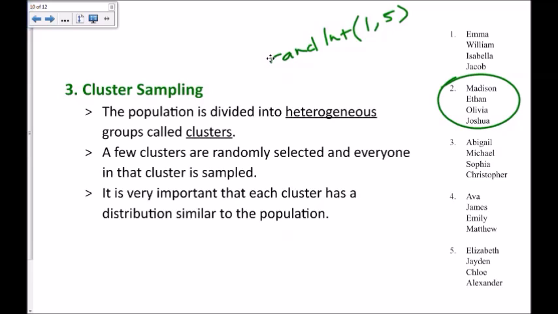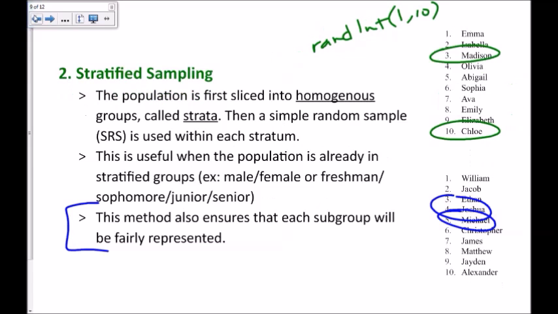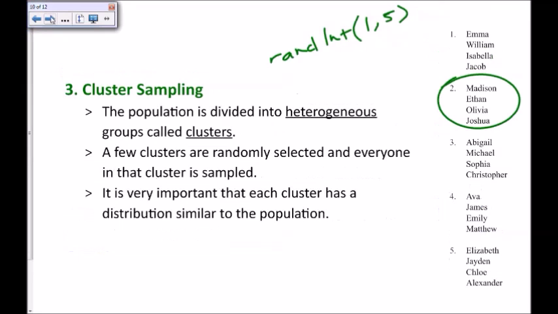Now, there's sometimes a confusion between a stratified sample and a cluster sample. In a stratified sample, they're in homogeneous groups where they're all similar in some way. And in a cluster sample, they're in clusters where each cluster looks like the population. It's similar to the population.